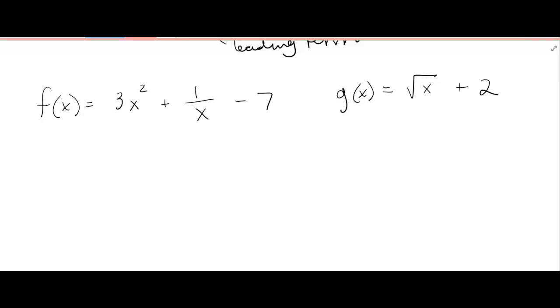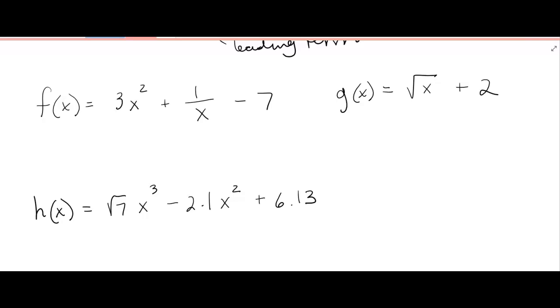And h of x is equal to the square root of 7 x cubed minus 2.1 x to the second power plus 6.13. All right, well, that's some examples there.